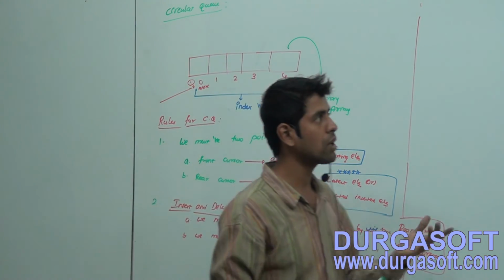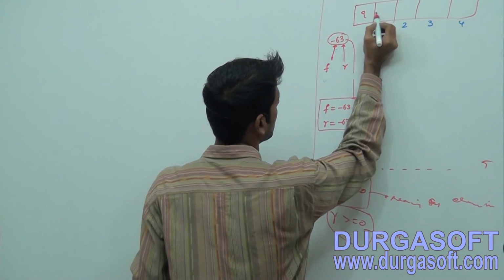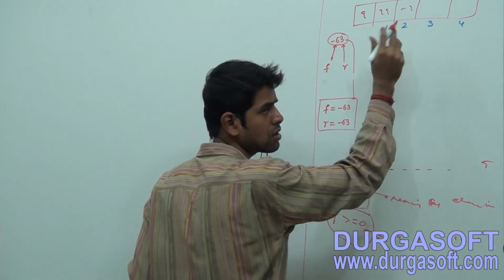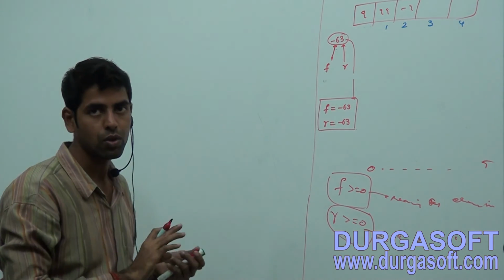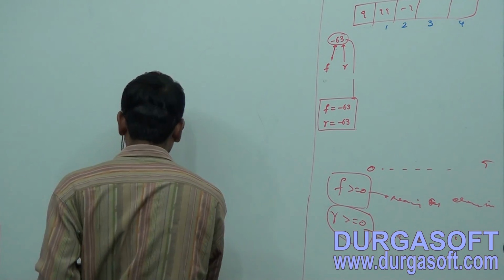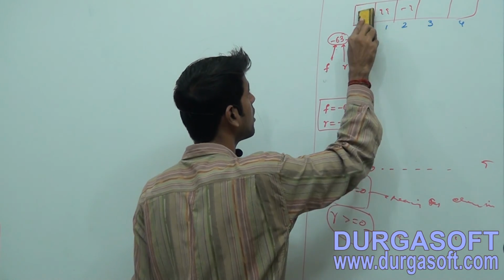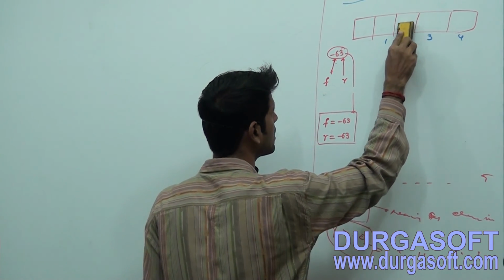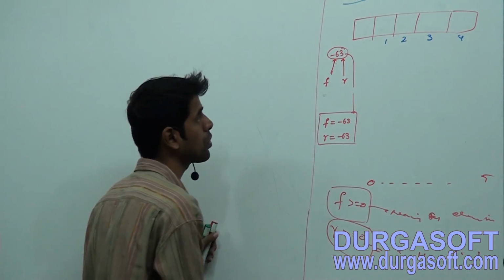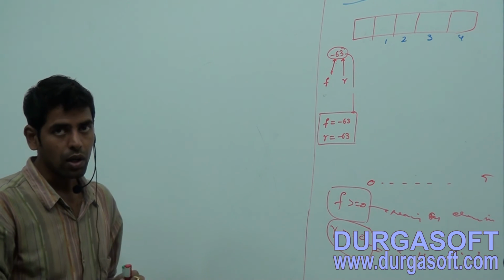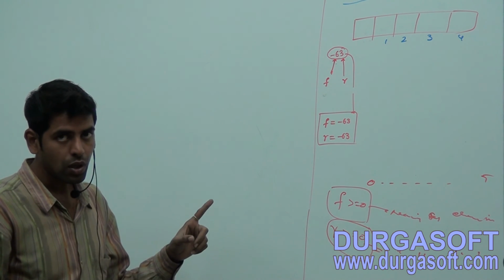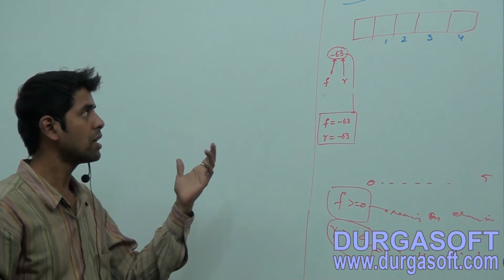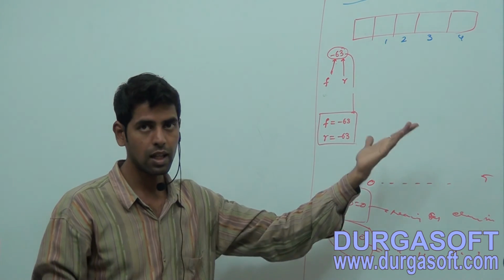First, do you have any elements here like 9, double 9, minus 9, any random value? No, we don't have any value. I still haven't inserted any of these values. So front should always point to the starting element, but here I didn't even insert any element.